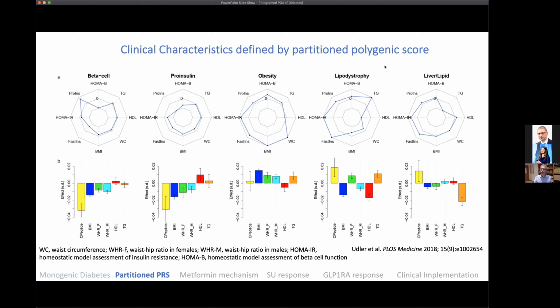And then we have 3 genetic clusters that are insulin resistant clusters largely. One, classic insulin resistance with obesity. One, a lipodystrophic insulin resistance. So they have a low BMI, a low waist circumference, and a very low HDL, in contrast to the obesity subtype. And then a group who have abnormal lipids, particularly low triglycerides despite being insulin resistant. So 3 different insulin resistances and 2 different beta cell dysfunctions.